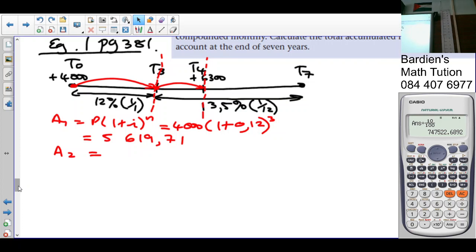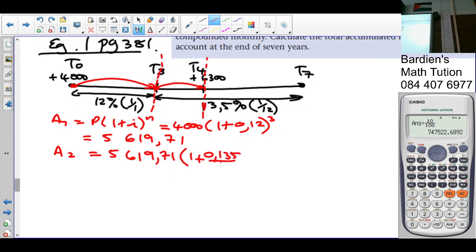Alright, so what do we get? 5,619 Rand and 71 cents into 1 plus 0,135 over 12 to the exponent 12 times 1. That gives us an answer of 6,427 Rand and 0.11. You all agree with that? So what happens now?